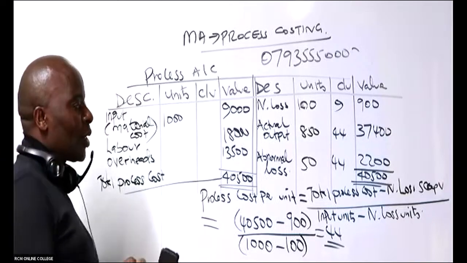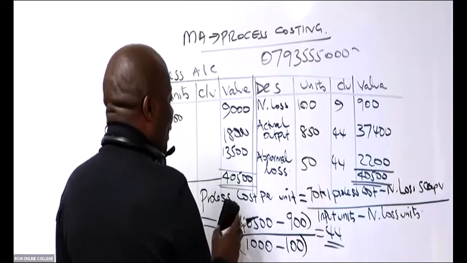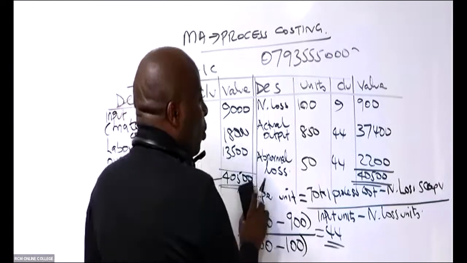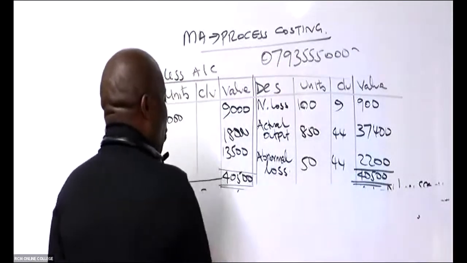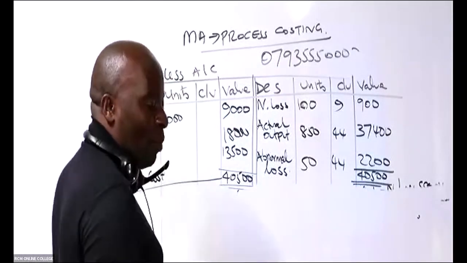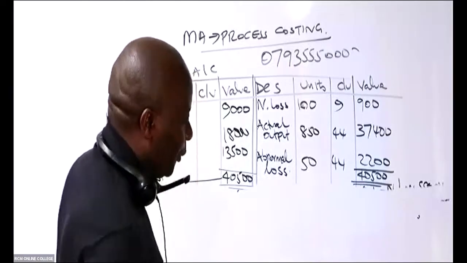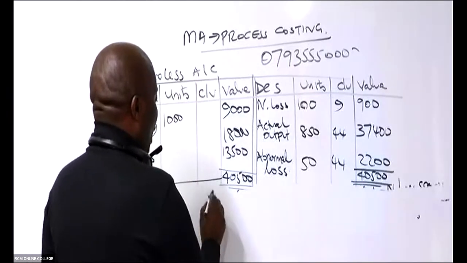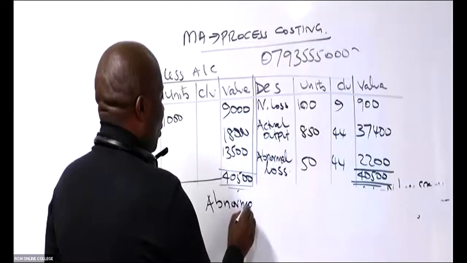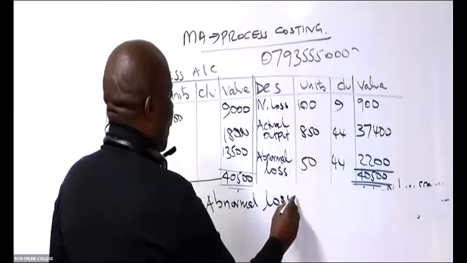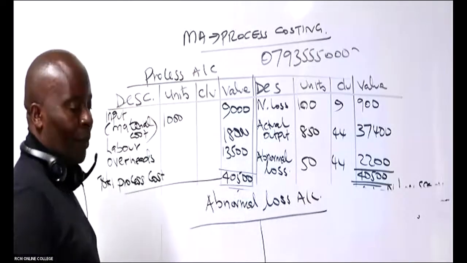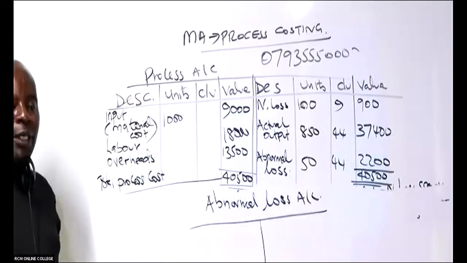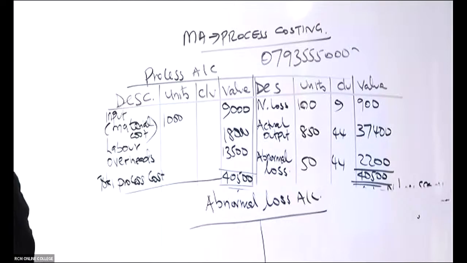And then please, the examiner will always ask you to do an abnormal loss account. This abnormal loss account is a very simple account.